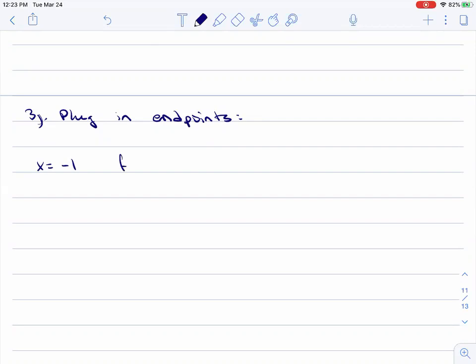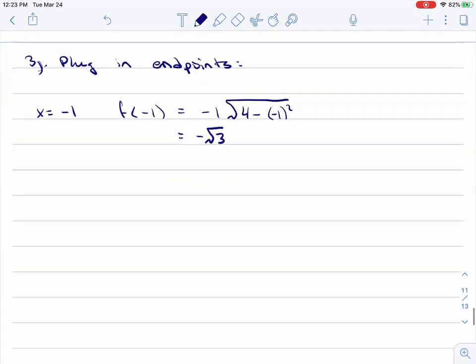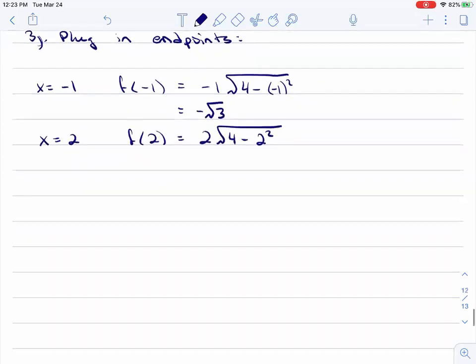So x equals -1 puts us at f of -1, which is -1 times the root of 4 minus -1 squared, which is 4 minus 1, negative root 3. And at x equals 2, I'm at f of 2, which is 2 times the root of 4 minus 2 squared, which is 0.